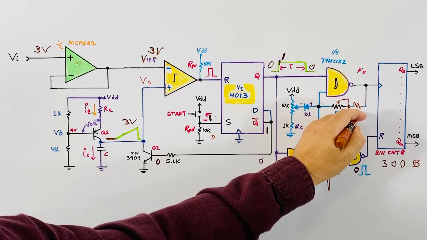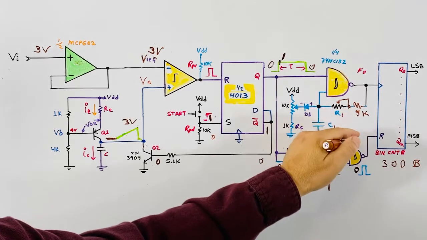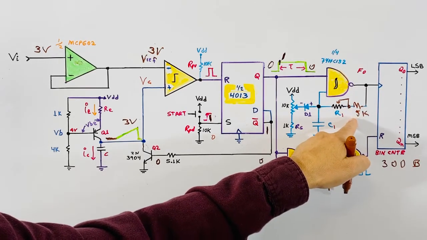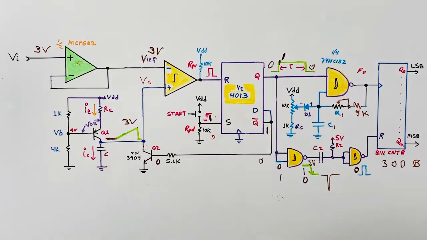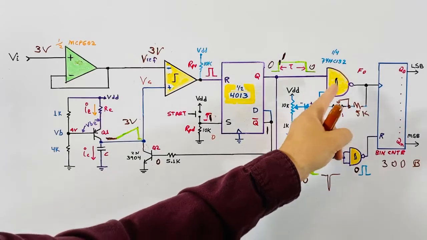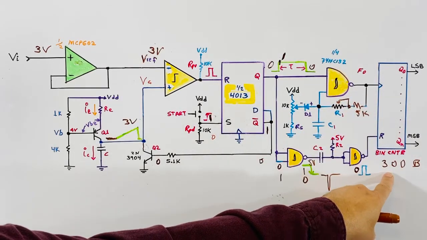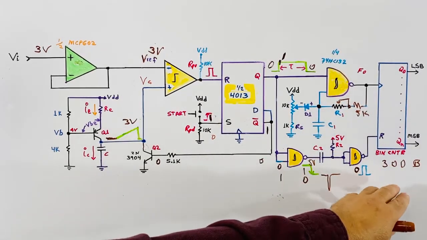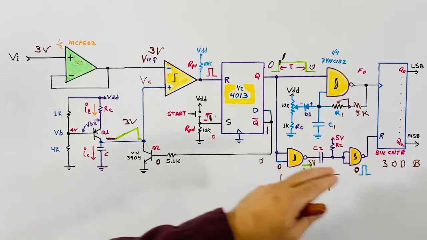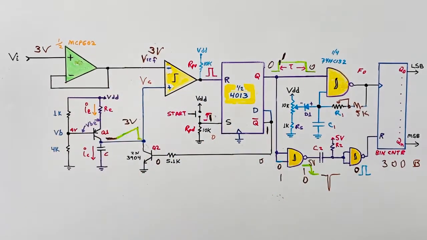This one can be 5K, it's a standard value, and a trim pot. It can be a 100K, 200K trim pot. So you adjust it to the frequency that you need, so that this number is directly proportional to the input voltage.